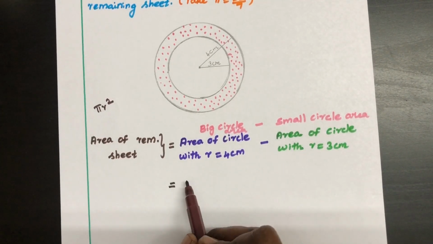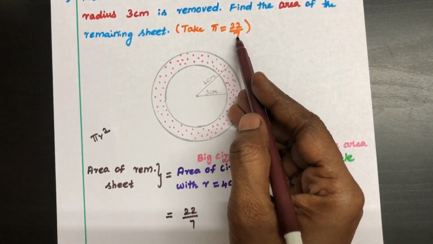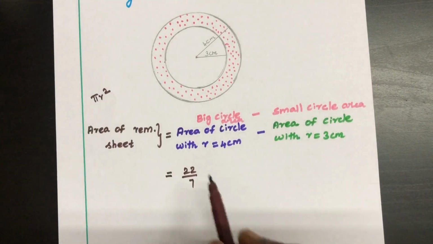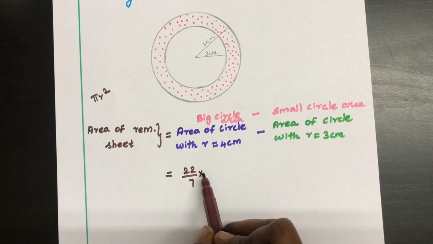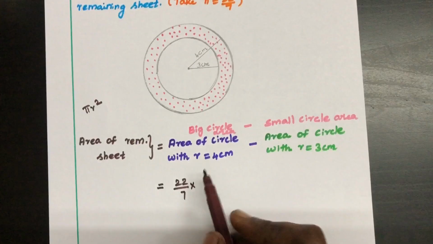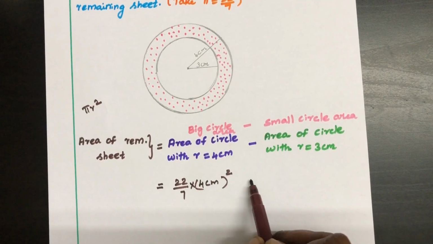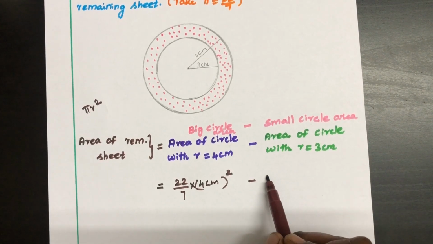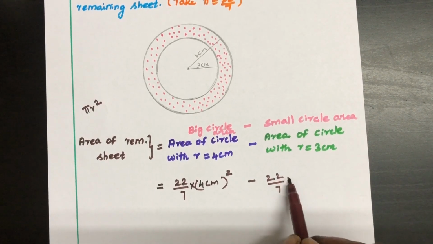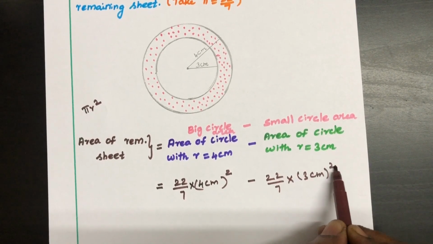So now pi is 22 by 7. They have suggested take pi is equal to 22 by 7 into r. Radius for the big circle is 4 centimeter. So 4 centimeter the whole square minus area of the smaller circle. 22 by 7 into radius is 3 centimeter, 3 centimeter the whole square.